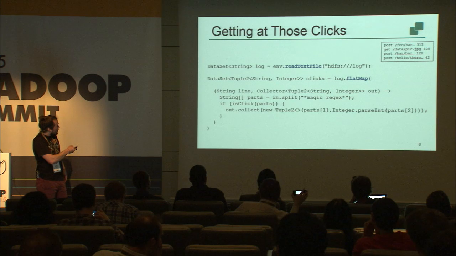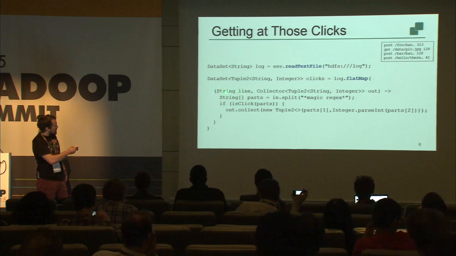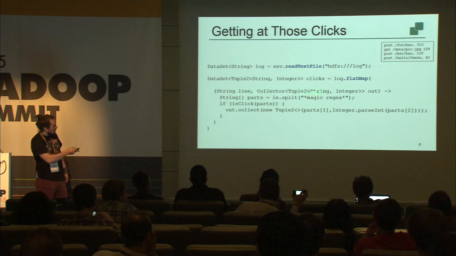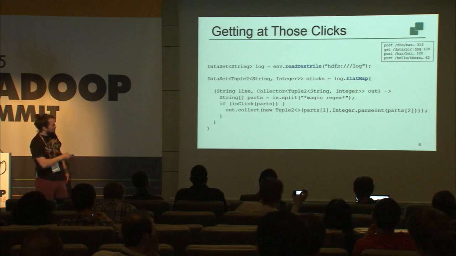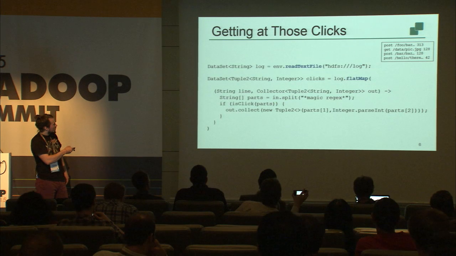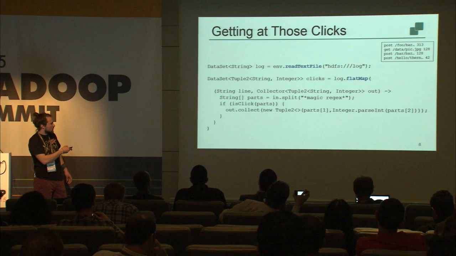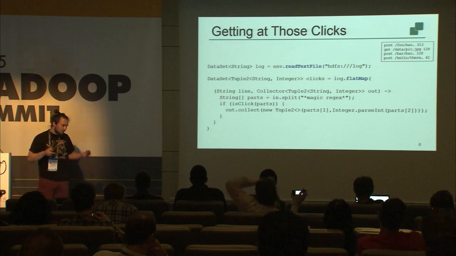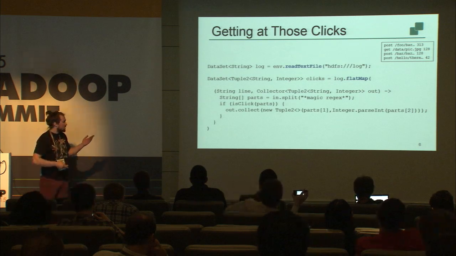These are the parameters. The function gets as input a string, which represents one line in this log, and then it gets a collector, which it can use to emit values that make up the resulting data set. What we do in this function is we split the record using some magic regex. Then we have this function which tells us if this is, so here it's called isClick, but this function tells us if this log entry is interesting or not.